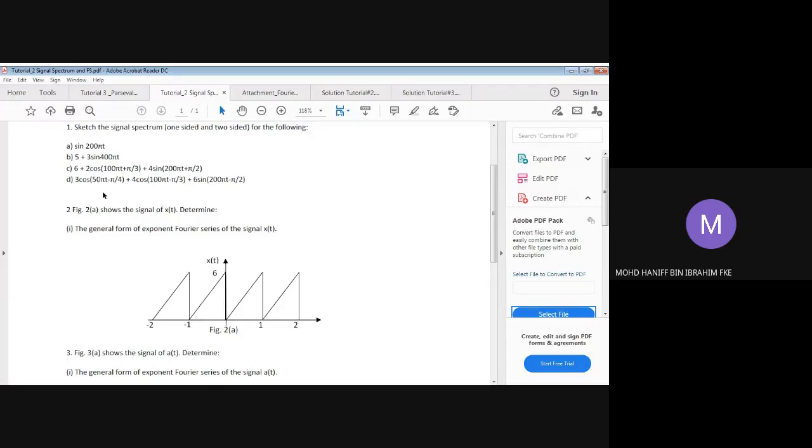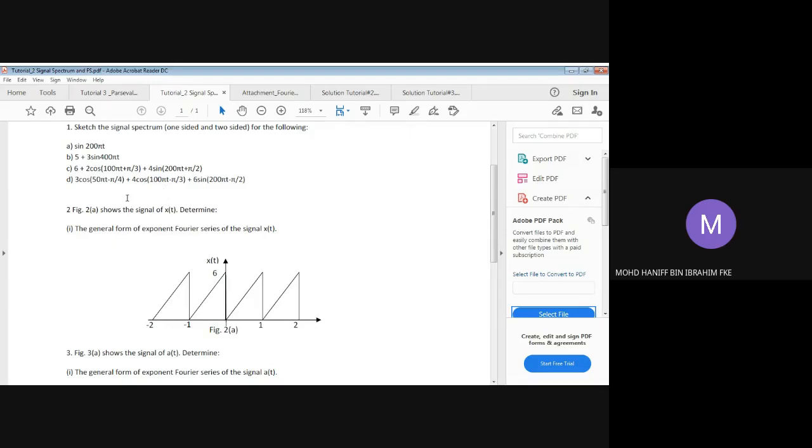Based on this question, we have 3 frequency components. We have 50 pi, the first one, second one is 100 pi, and the third one is 200 pi. So we have distinct frequency values.